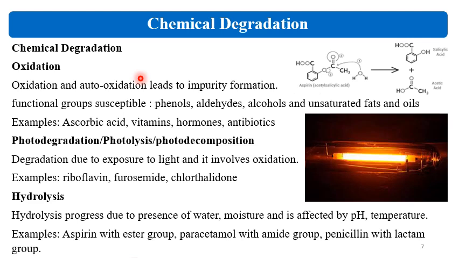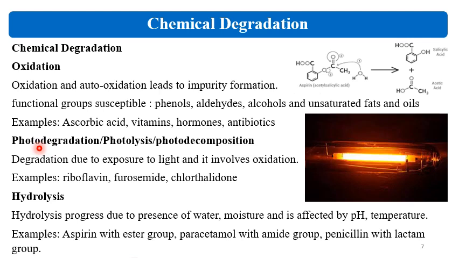Then what are the functional groups in the APIs which lead to chemical degradation by oxidation? These are phenols, aldehydes, alcohols, and unsaturated fats and oils. Examples of drugs which are prone or sensitive to oxidation are ascorbic acid, certain vitamins, hormones, and antibiotics.